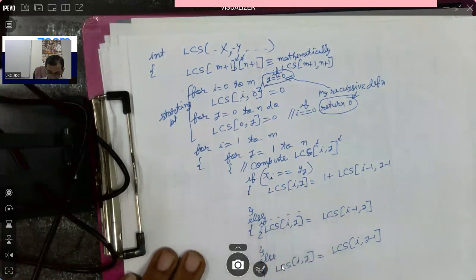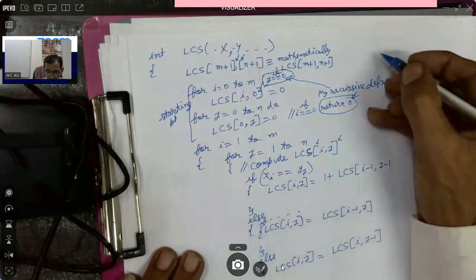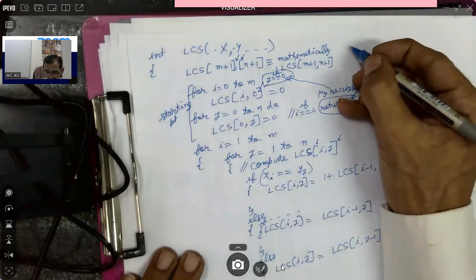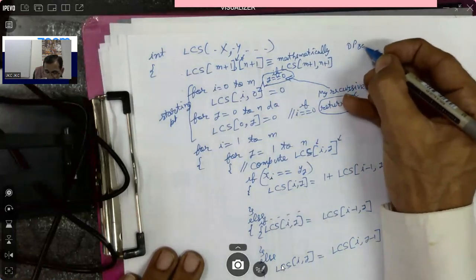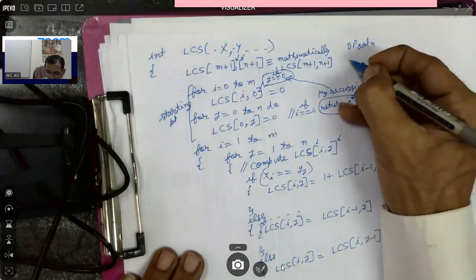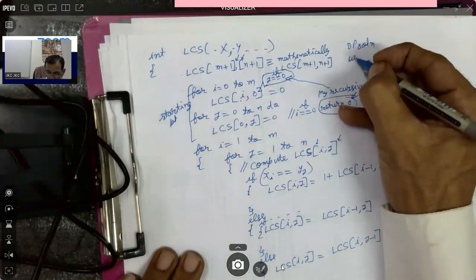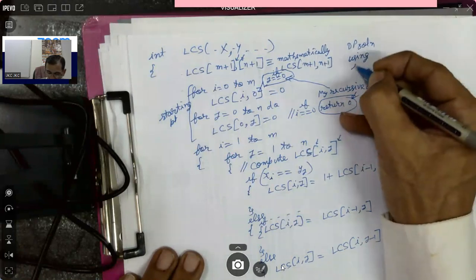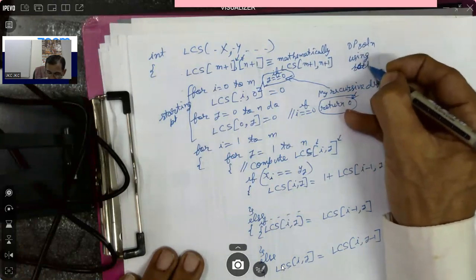So this is going to be the overall coding. So more or less code is ready. You have to just fine tune and check that nothing is remaining. Then the final question comes. So this is more or less my recursive DP solution ready, or DP solution using bottom-up approach is ready.